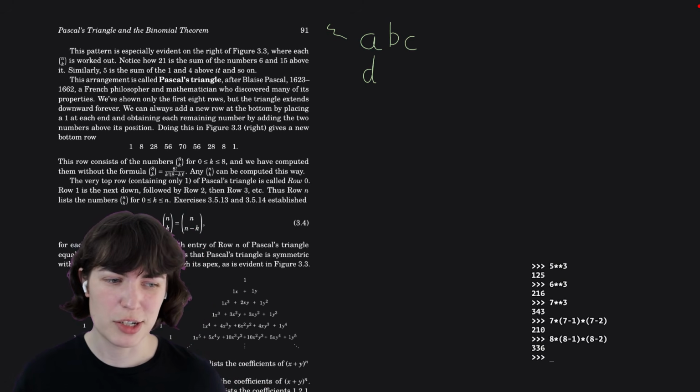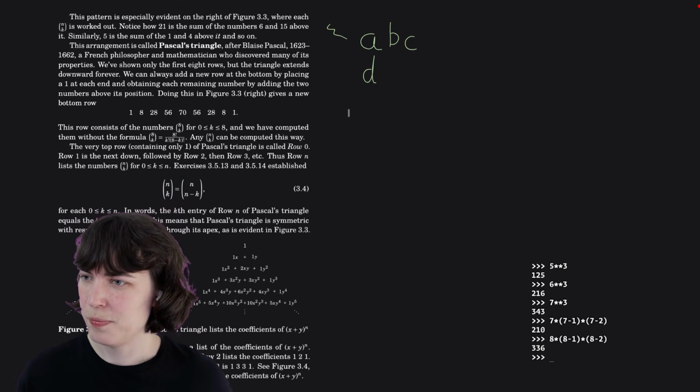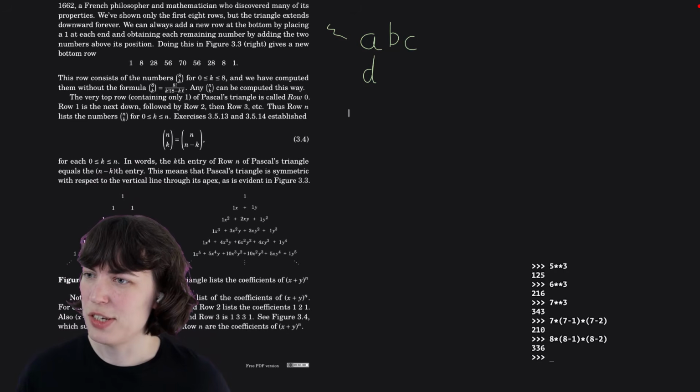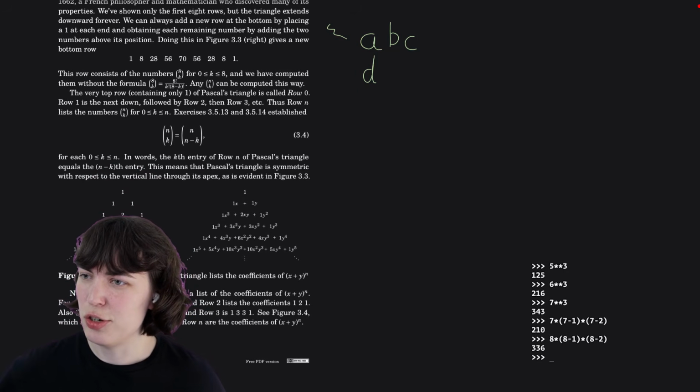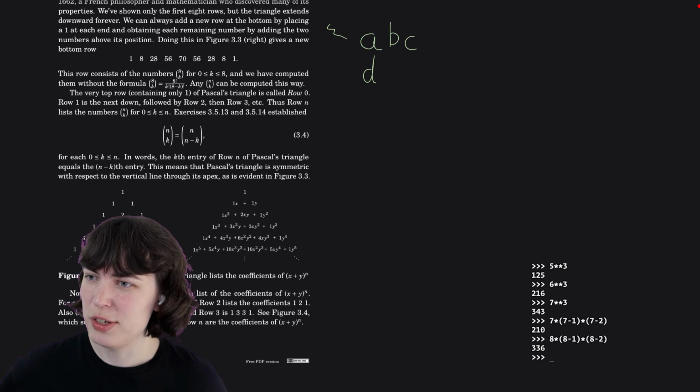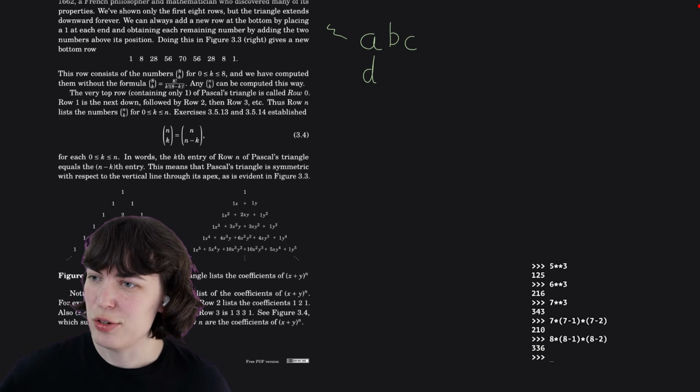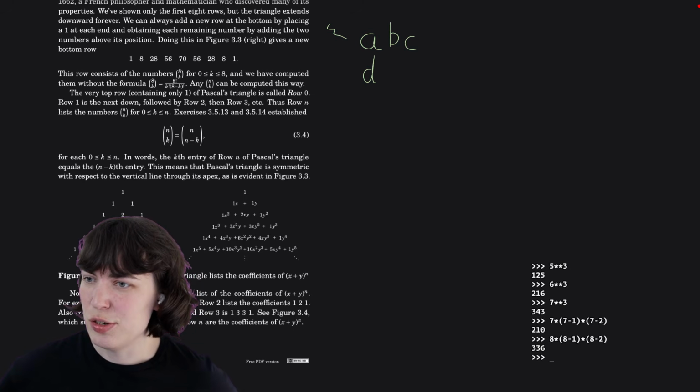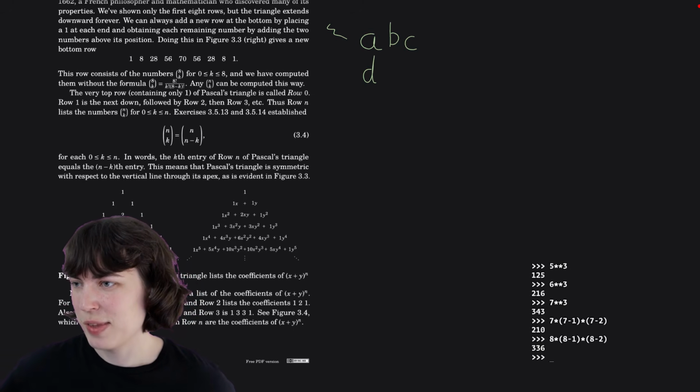Oh, in the right, sorry, the right triangle. This row consists of the numbers 8 choose k for k between 0 and 8, inclusive, which we've computed without the formula for 8 choose k at all. Any n choose k can be computed in this way.